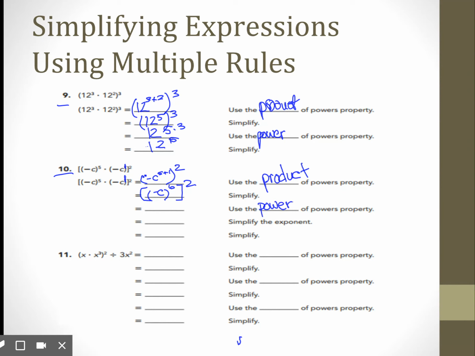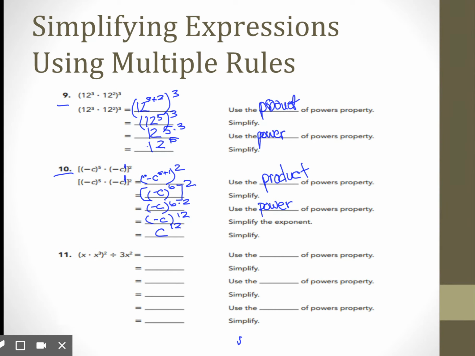So negative c to the 6 times the 2 power, which becomes negative c to the 12th. And again, another example here where we can simplify that negative variable to a positive one, a positive c, because our exponent is an even number.